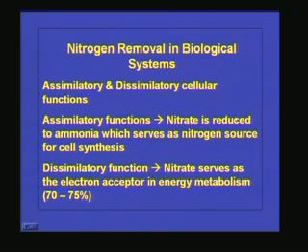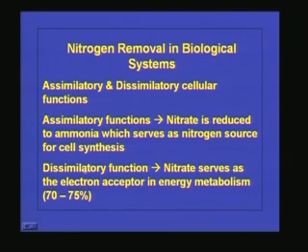In assimilatory function, nitrate is reduced to ammonia, which serves as a nitrogen source for cell synthesis. In dissimilatory function, nitrate serves as the electron acceptor in energy metabolism. The dissimilatory function is utilized for the catabolism of the cell, and the assimilatory one is utilized for the anabolism of the cell.